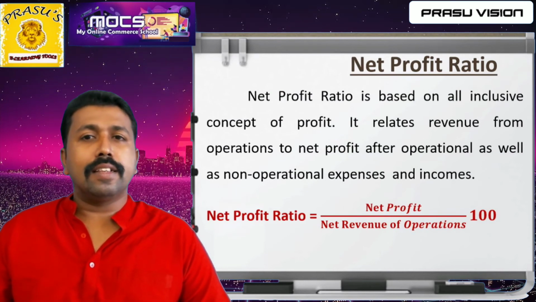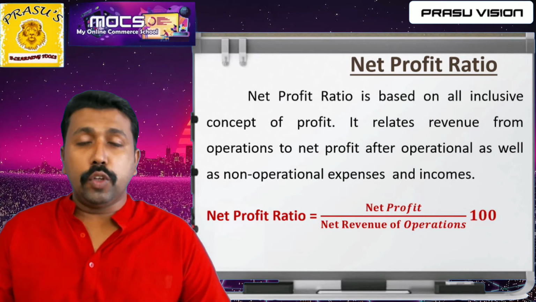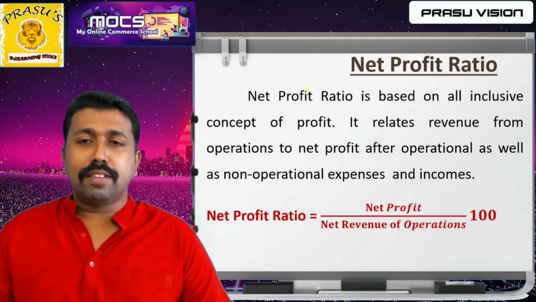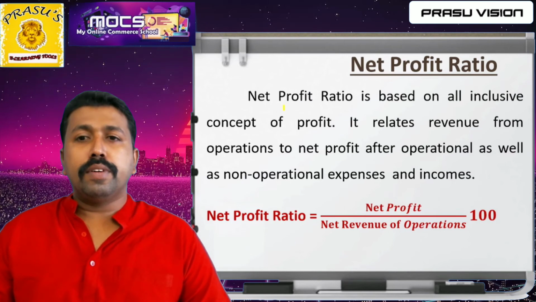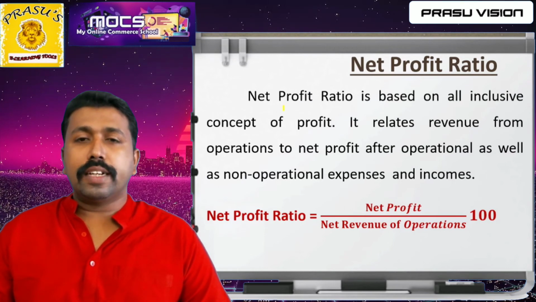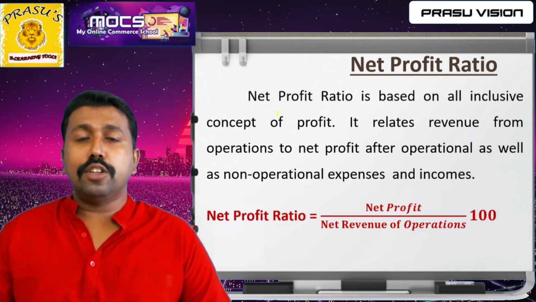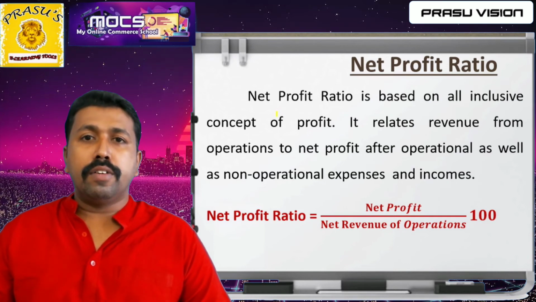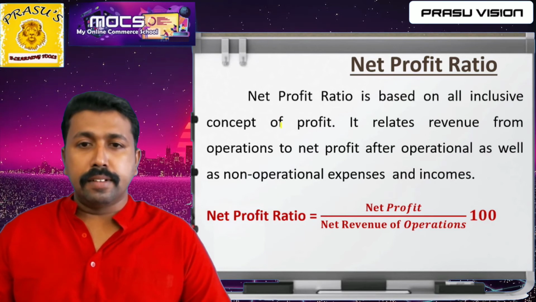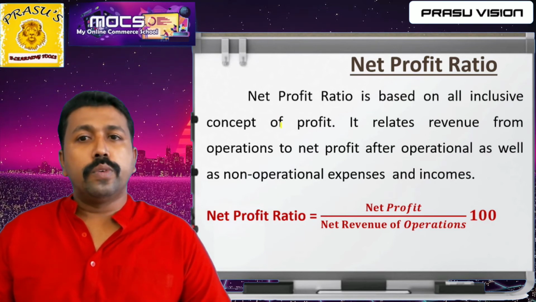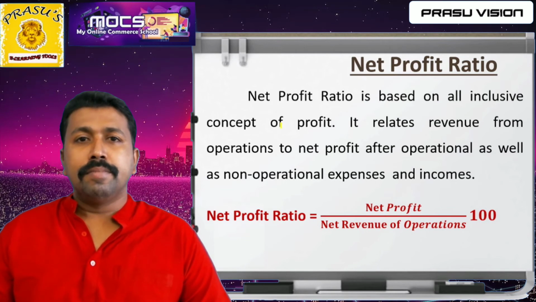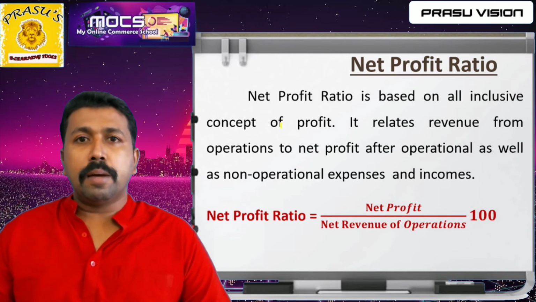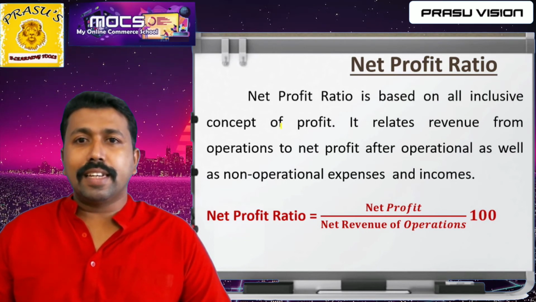We are never expecting this item in the board exam, even though we have to keep in mind always as a part of the syllabus, net profit ratio. Net profit ratio is also the continuation of gross profit. It is also calculated to find out the percentage of amount for comparison of one year's performance with another year. What is the net profit ratio? It is based on the all-inclusive concept of profit. You know very well, net profit is the final amount of money we are getting as a gain from the firm.